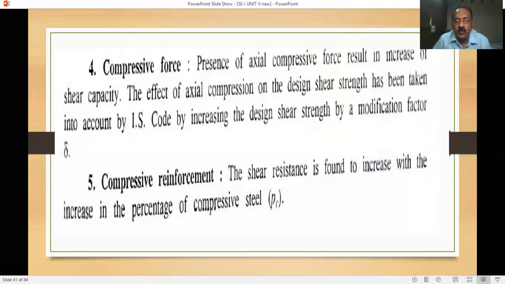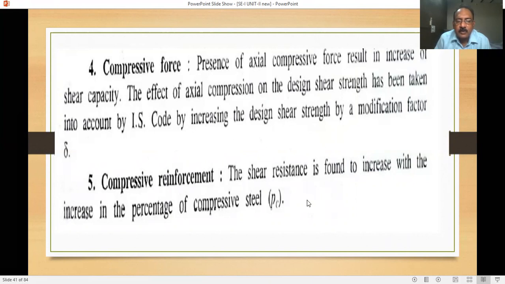If you see figure 4A of IS 456, you will observe that the design shear strength increases by the modification factor. Okay, you will understand clearly. For the time being, remember this word, one of the factors: compressive force.